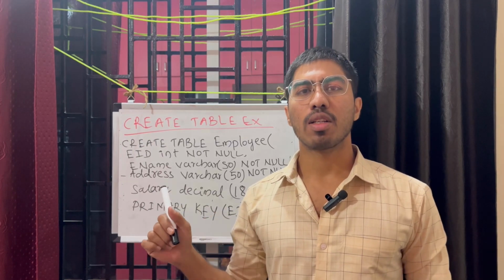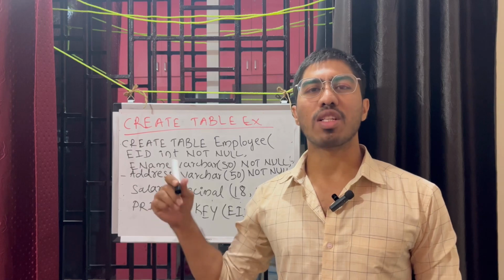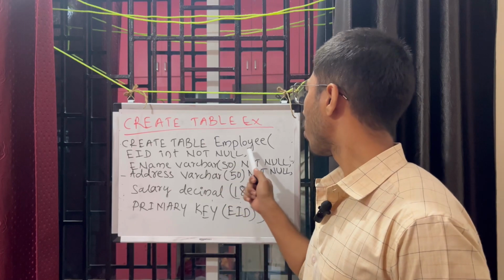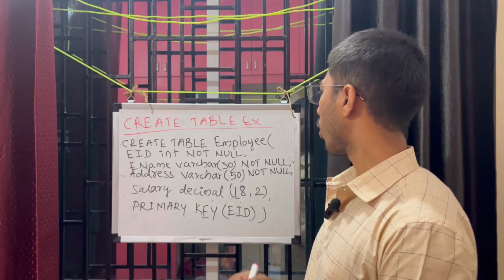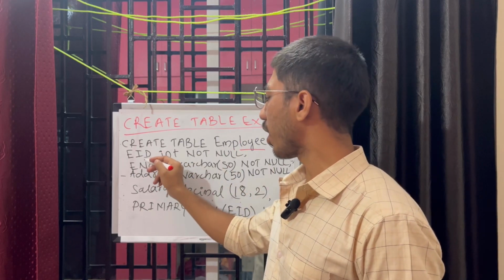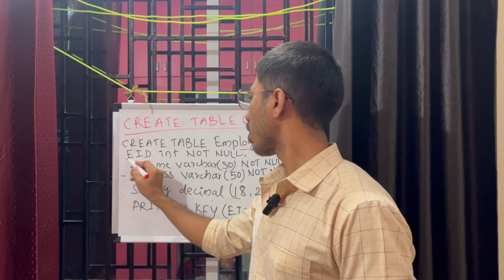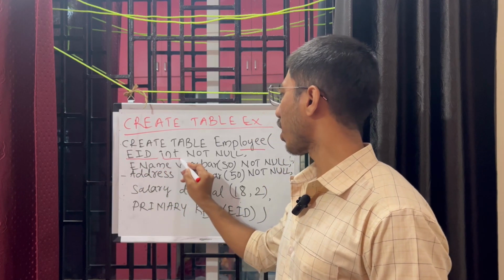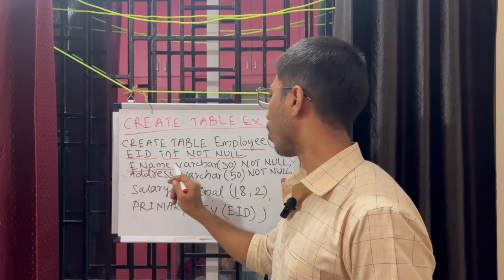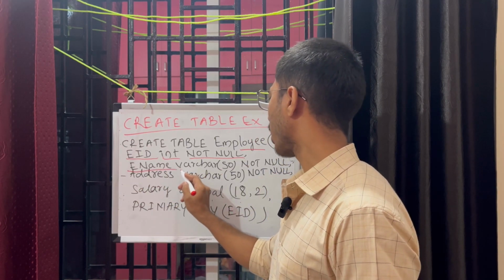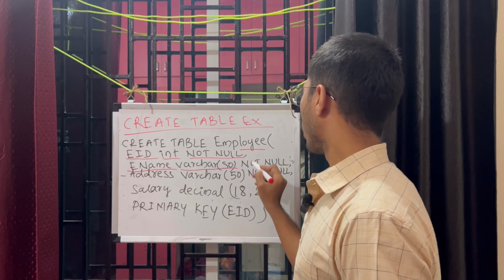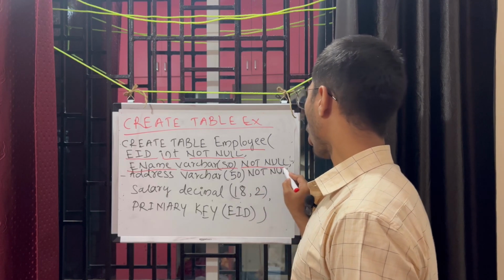Now let's understand how to create a table with an example. Here I have created a table. The table name is employee. I have created the column names. The first column is employee ID, which is an integer data type and not null. The second attribute or column is employee name. I am specifying it as varchar(50) in the bracket, and this also should be not null.